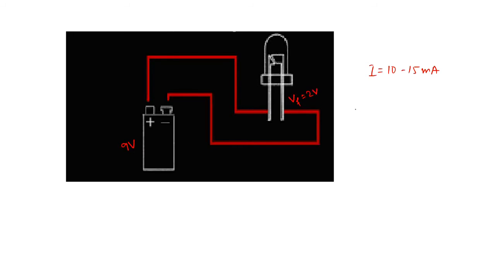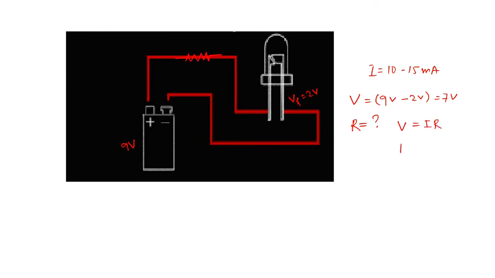So the potential difference is 9 volts minus 2 volts, which is 7 volts. Now how much resistance do I need here? I need to find the value of R. I have the equation V equals I times R.